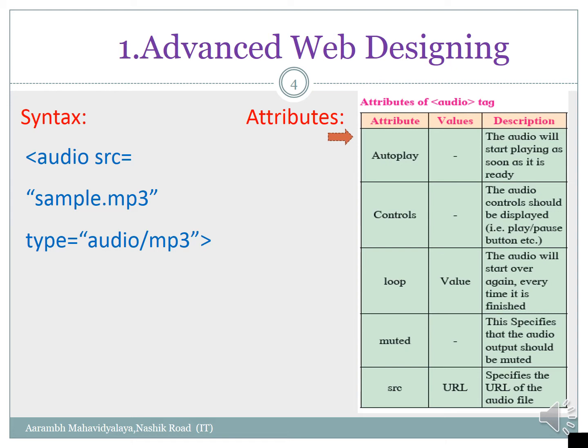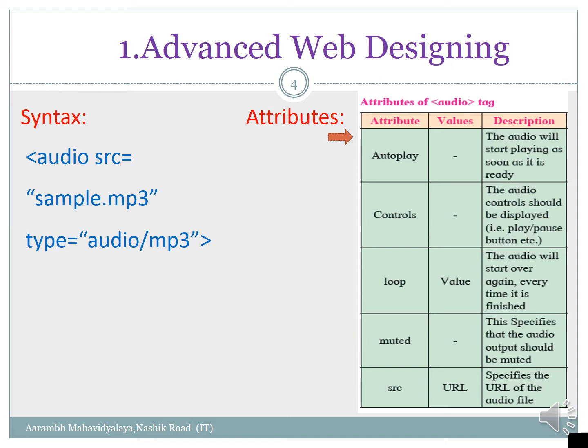Now see the attributes of the audio tag. First attribute is autoplay. Autoplay will start playing the audio file when the web page is loaded. Second attribute is controls. Controls are used to display play, pause, stop, forward, backward, and volume controls, that is buttons, on an audio player.